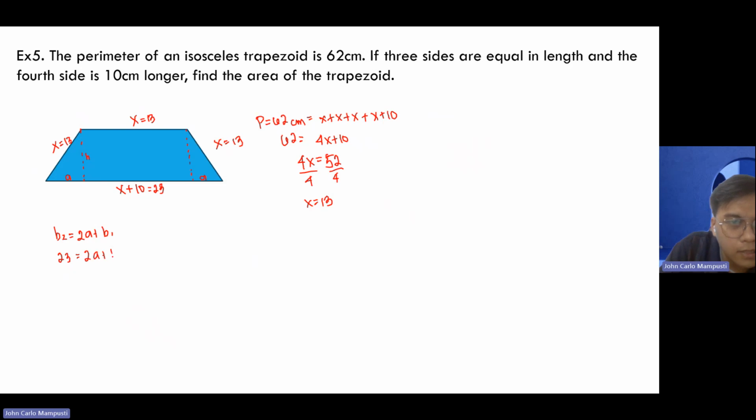So 2A plus 13 equals 23. If we transpose this, 2A is equal to 10, therefore A is equal to 5. Okay. So we now have 5 here.